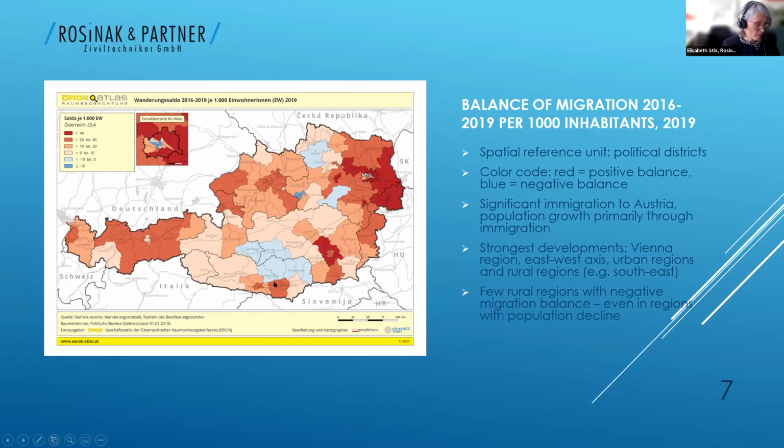We can say that we have significant immigration to Austria from other parts of the EU, from outside the EU. The strongest developments are in the Vienna region, the east-west axis, urban regions, but we also have a lot of rural regions and regions with population decline that also show a positive migration balance. And I think that's an important point to make.